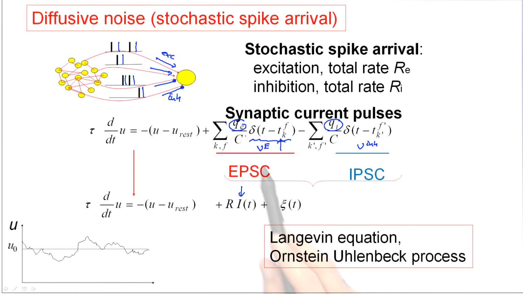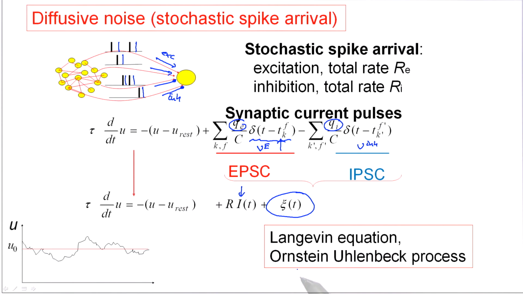And it's this limit that gives you a white noise input of some characteristic amplitude. Let's call it sigma. And a differential equation with a deterministic part plus this white noise input is called the Langevin equation. The specific linear differential equation with this noisy input is called the Ornstein-Uhlenbeck process.